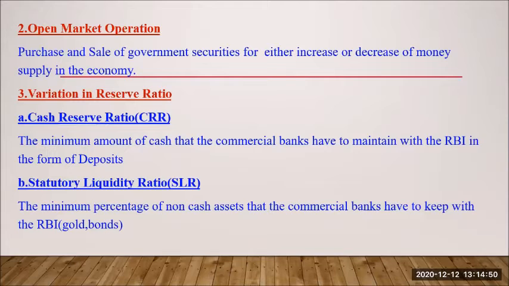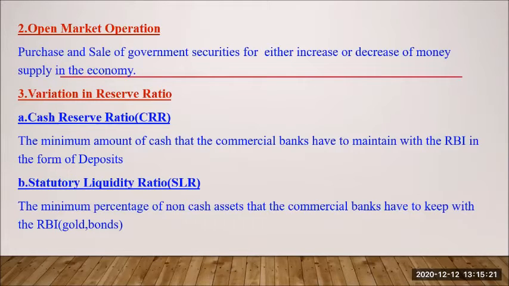So the commercial bank will have more cash and non-cash assets in its hand, so it can provide more loan facilities to the borrowers. When customers and borrowers get more loans, then the supply of money can be increased in the economy during the time of deflation as well as depression.